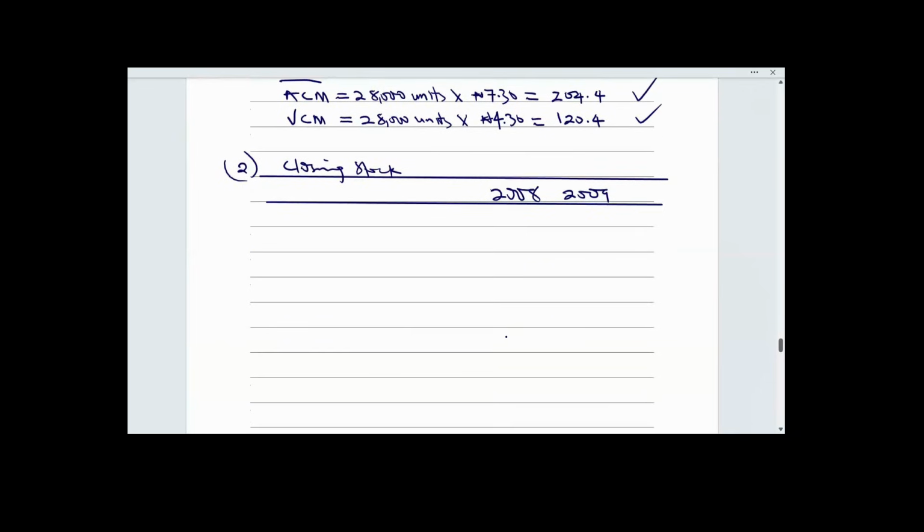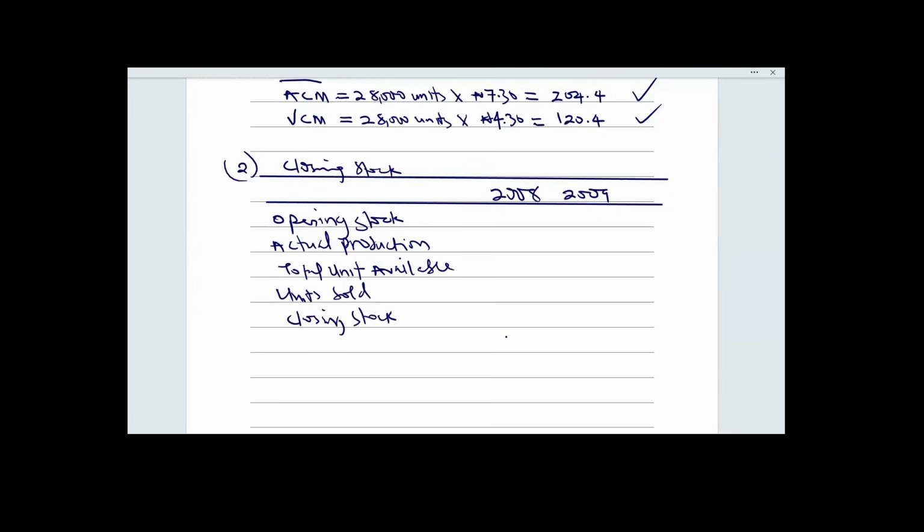To get the closing stock, you pick the opening stock, add the actual production or output, the actual units produced, and you have the total units available. Then you less units sold. Then you are going to have closing stock in units.